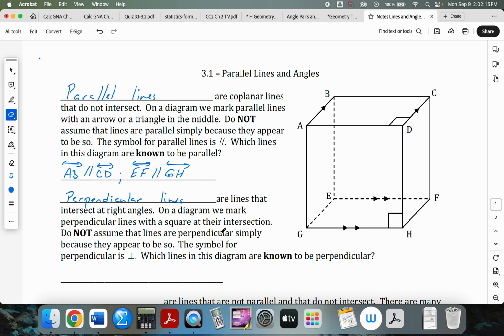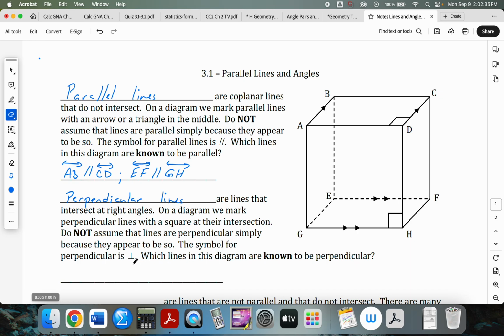Again, don't assume that two lines are perpendicular just because they look like they're perpendicular. That's going to happen a lot. You're going to have a line where it looks like it's a right angle. You can't just assume that. You can assume straight angles. If something looks straight, you can assume that it is straight. But you can't assume right angles.